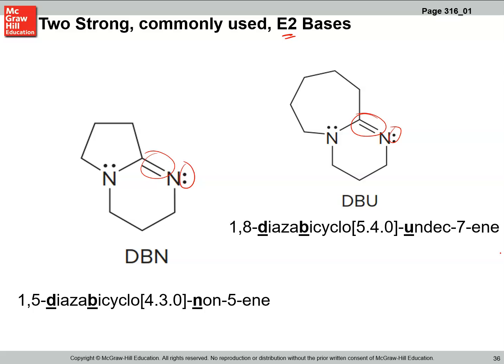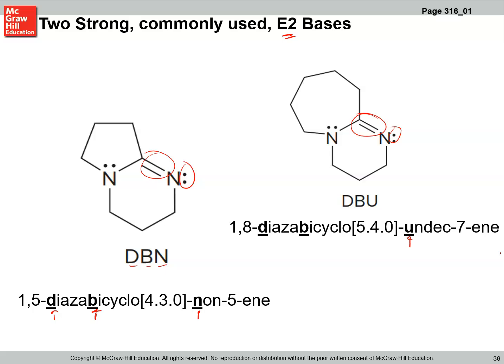We have diazabicyclo 4.3.0 non-5-ene. So we don't have to memorize that, but basically we have the DBN. DBN here, and that's the same thing, but undec-7-ene. So that's where we have these different DBN versus DBU.